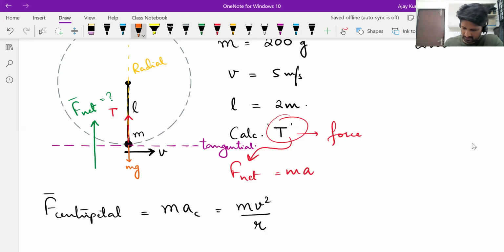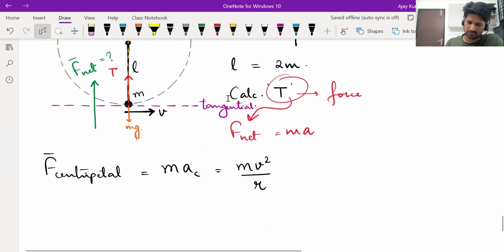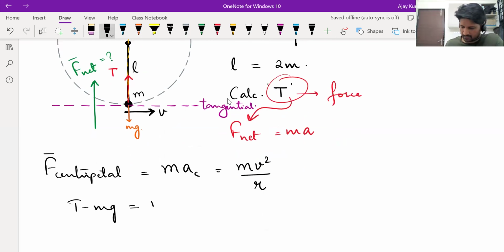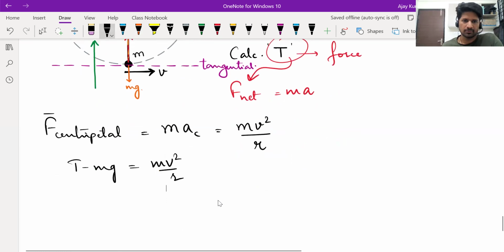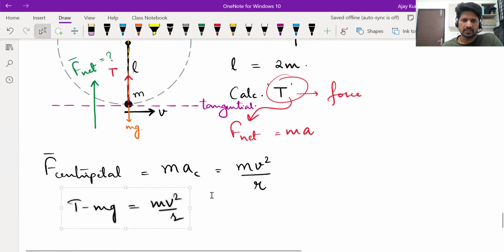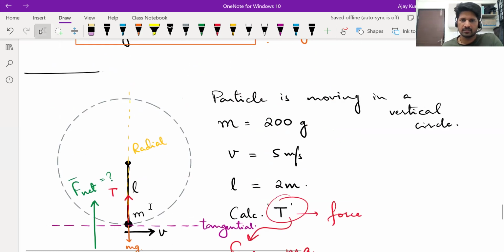T is acting towards the center. So the net force towards the center, which is what you call a centripetal force, becomes T minus mg. And you will equate that to mv square by r. That's all. From there, you'll get tension. Complete this, all of you. Use this equation, T minus mg is mv square by r, and calculate tension.